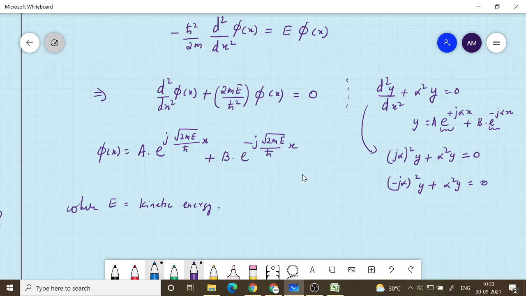Only in the case of a free particle is it allowed to take any value of energy. There is no boundary condition which will impose some condition on E. Here it is free, it can go from minus infinity to plus infinity. It is free to wander, there is no external force, and it is allowed to have any value of energy.